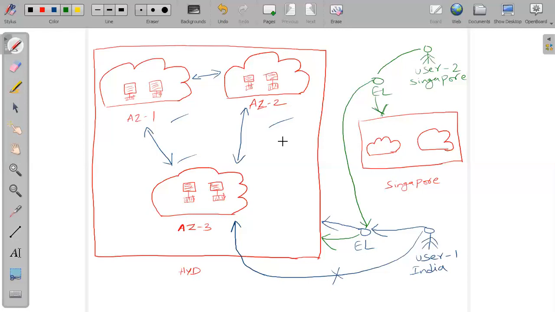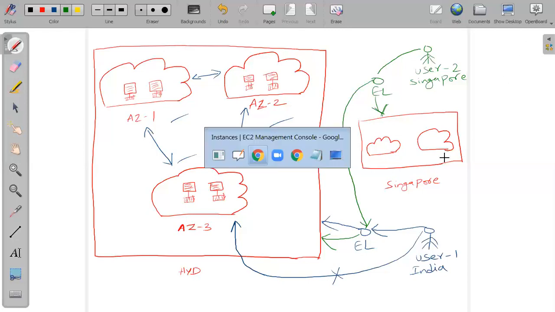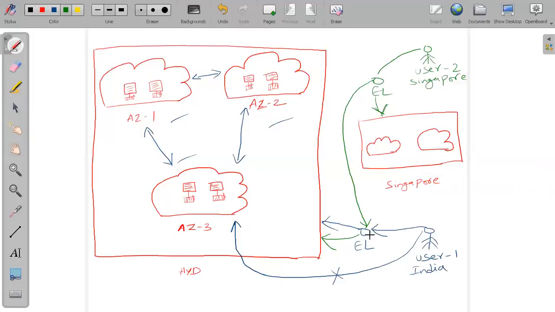Got it? So this is the concept of the edge location. The edge location is between the two regions. You're following this diagram?